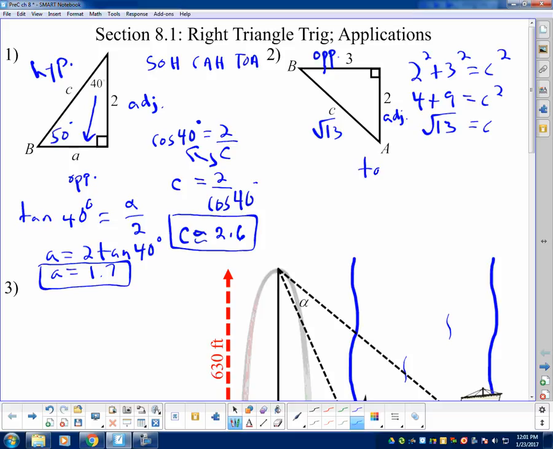So I have tangent of A equals opposite 3 over adjacent 2.